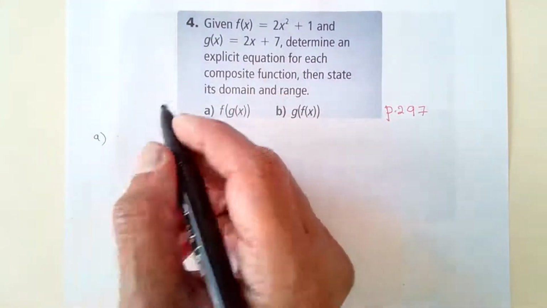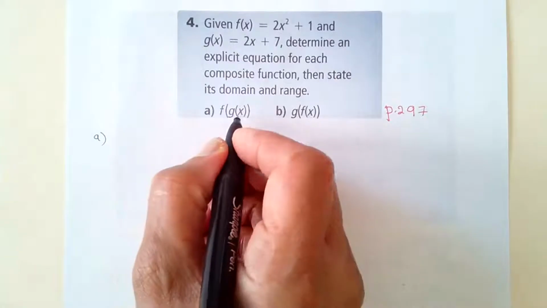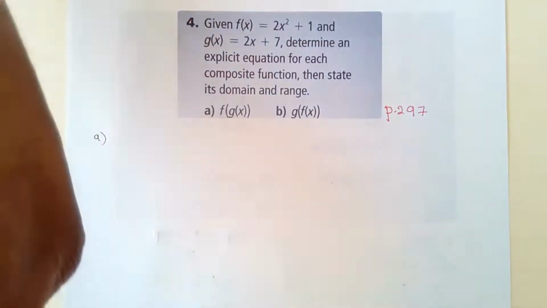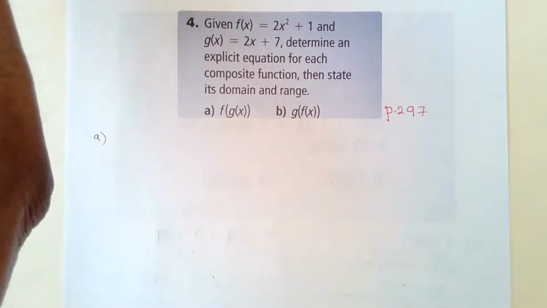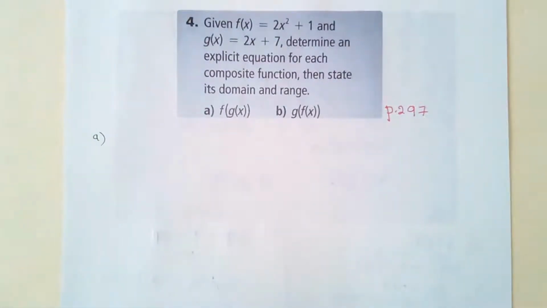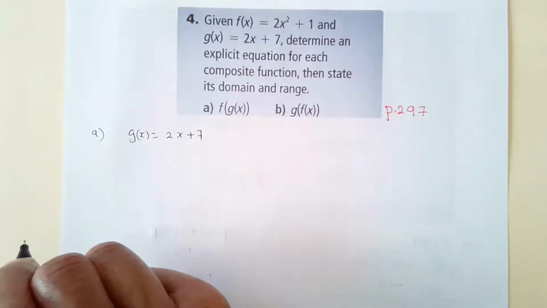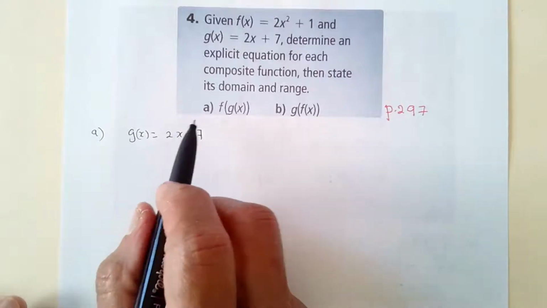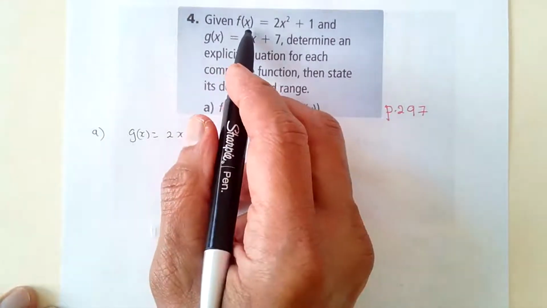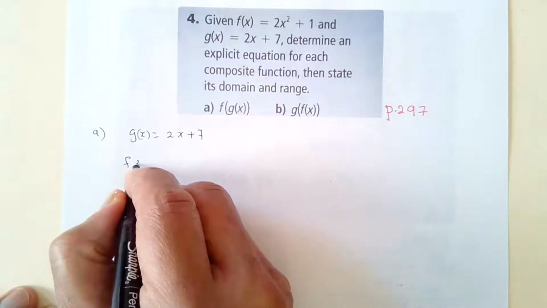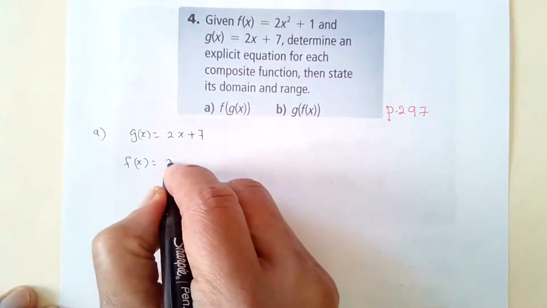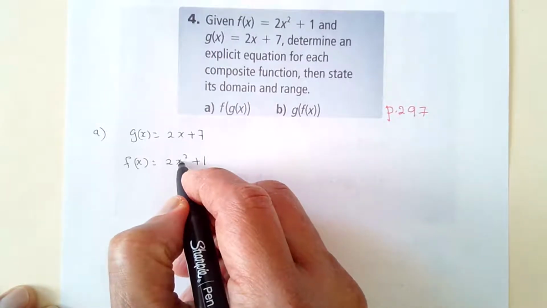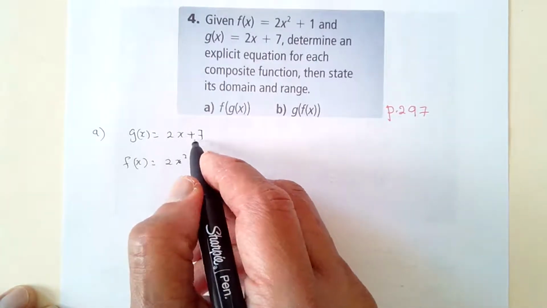So let's rewrite what f of x is. So we complete, first of all, g of x, and then we go to the f of g of x. So now we will substitute g of x into what f of x is. So now we have f of x is equal to 2x squared plus 1. So wherever x is, I'll substitute 2x plus 7.